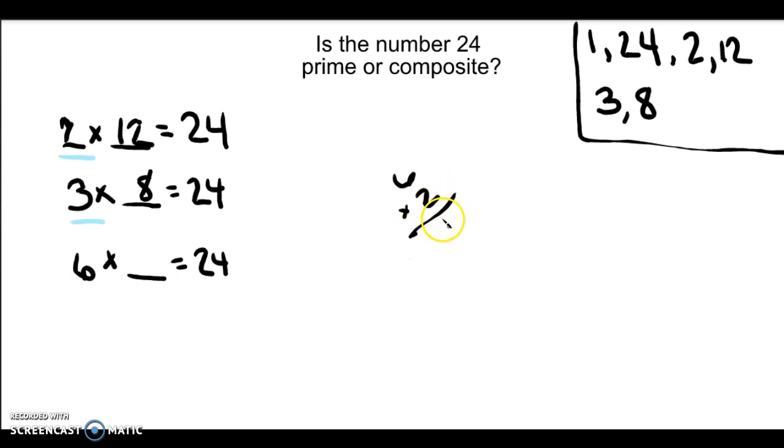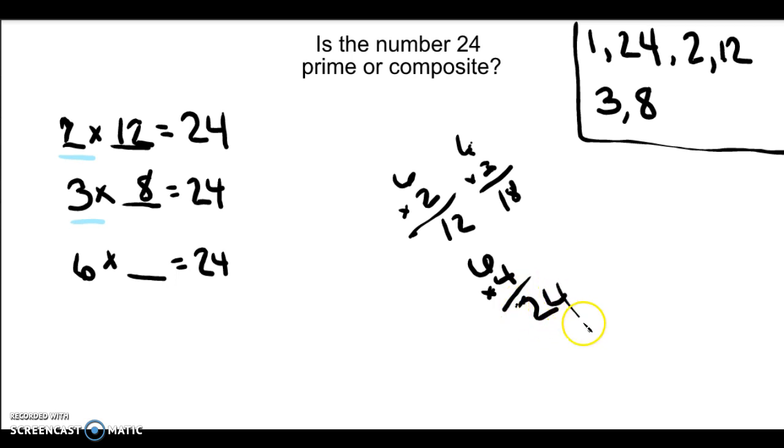No, I know that 6 times 2 is just 12. That's not quite enough. Let's try 6 times 3. 6 times 3 is only 18, still not enough. 6 times 4, ding, ding, ding, that is 24. So 6 times 4 equals 24. Let's add them to our factor list.